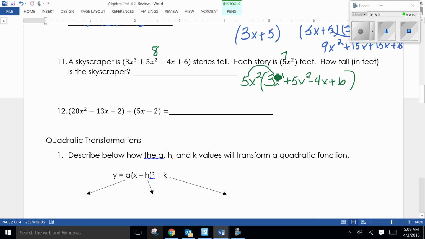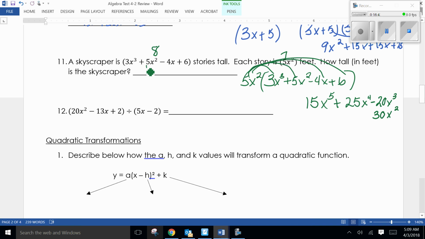So 5x squared times 3x to the third will give me 15x to the fifth. 5x squared times 5x squared will give me 25x to the fourth, times negative 4x will give me minus 20x to the third, and times 6 will give me 30x squared.